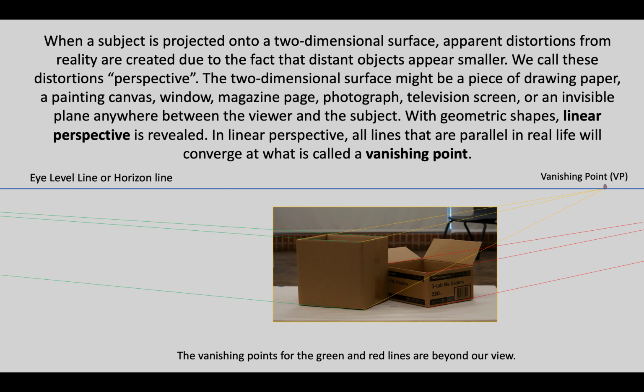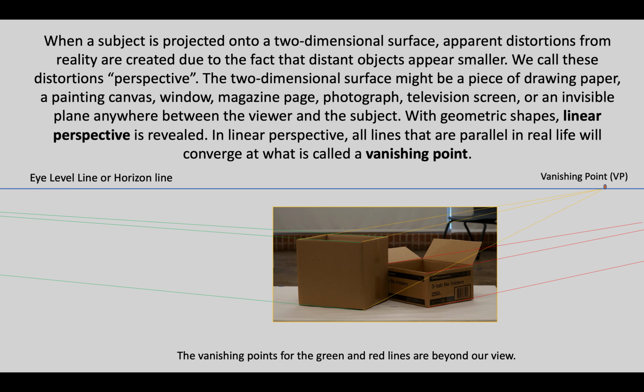That's the distortion, if you will. In reality, parallel lines never converge. No matter how far you project them into the distance, they don't converge. But they do in a photograph or a drawing of the real world.